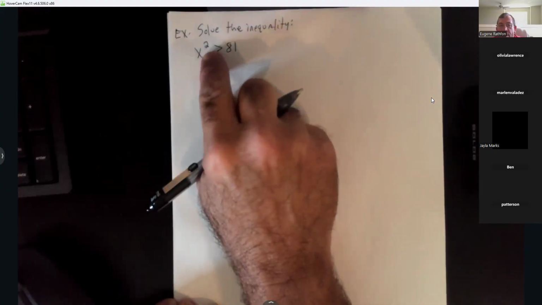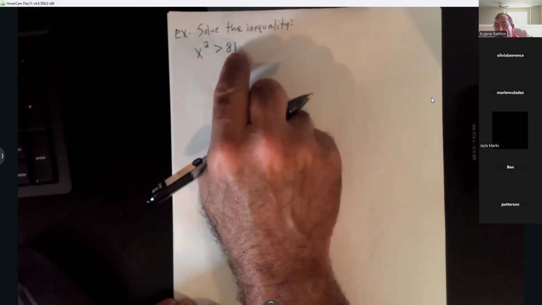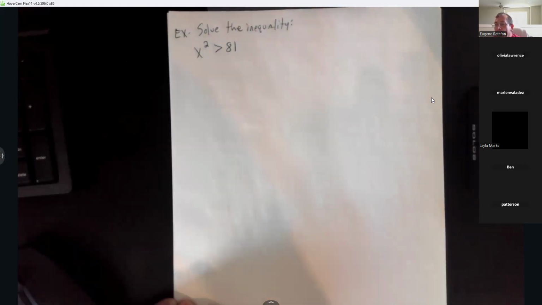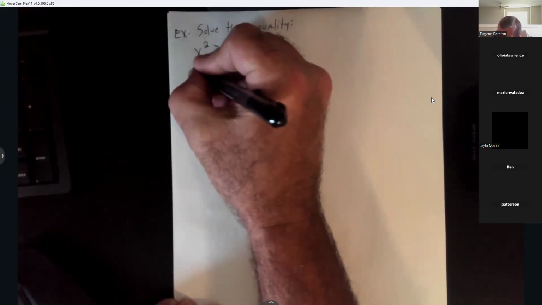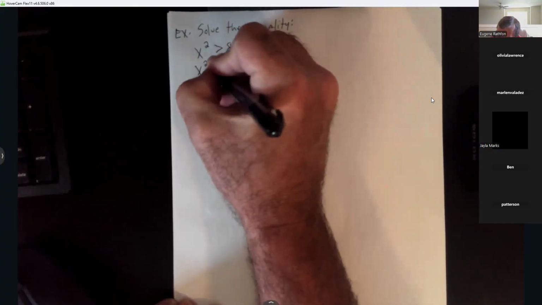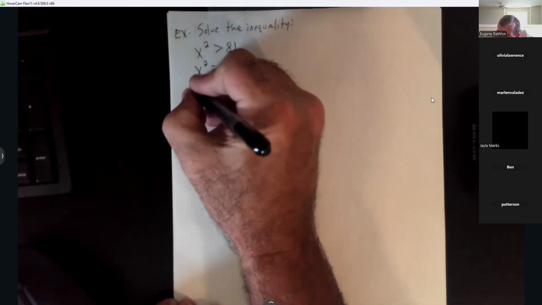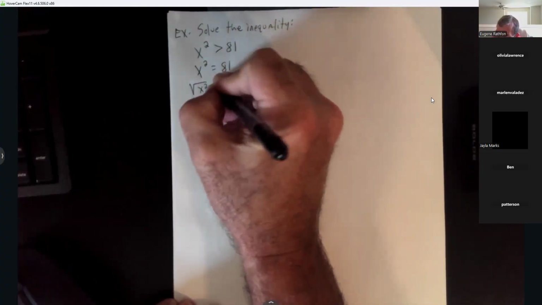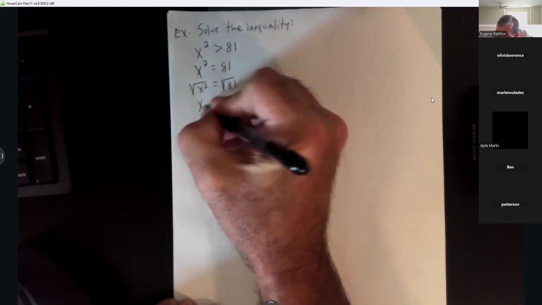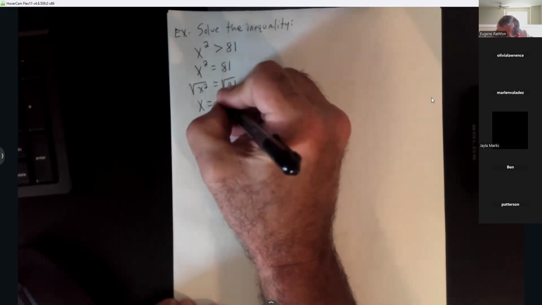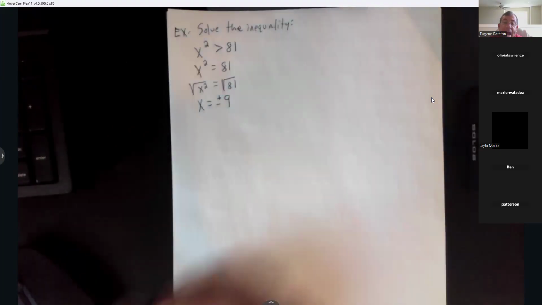Since you don't have an x term, you just got the x squared term and the number, what I would do is take square roots real quick and solve it. So take square roots of both sides. The square root of x squared is x. The square root of 81 is a plus or minus 9.